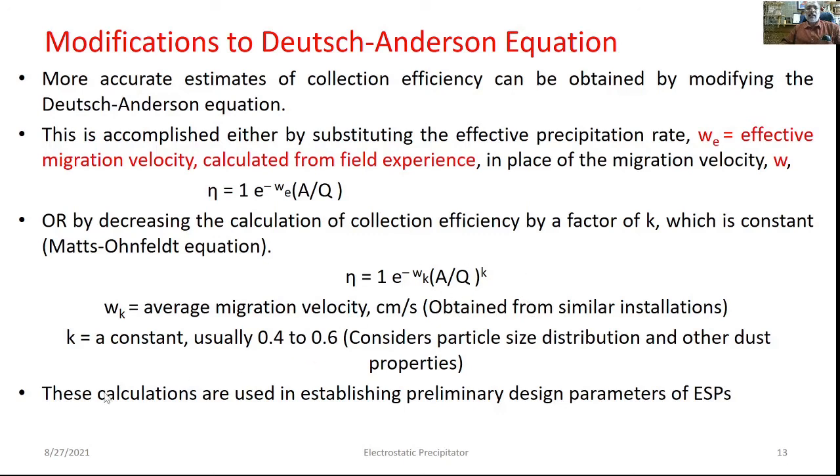This K is a constant, usually 0.4 to 0.6, which considers the particle size distribution as well as other dust properties. So these calculations are used in establishing preliminary design parameters of ESPs.